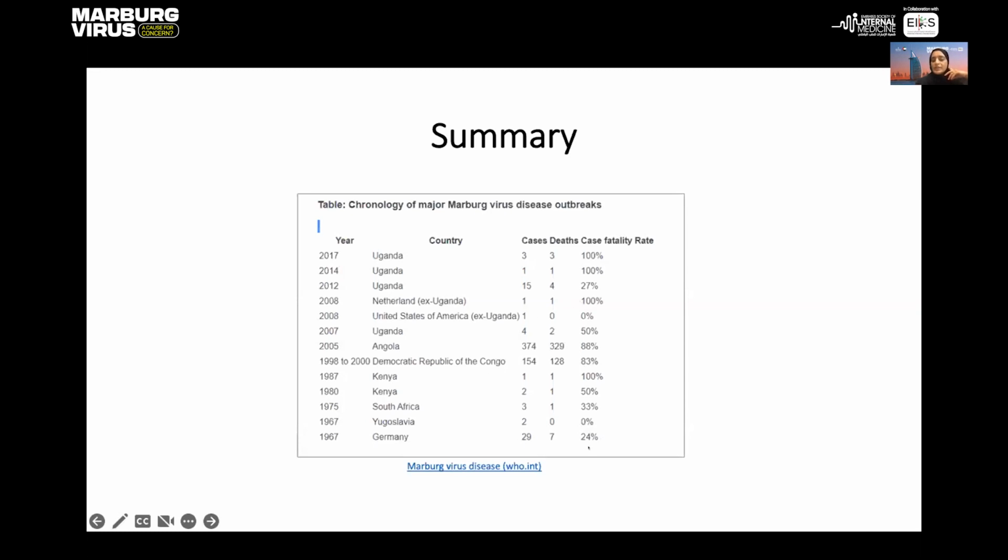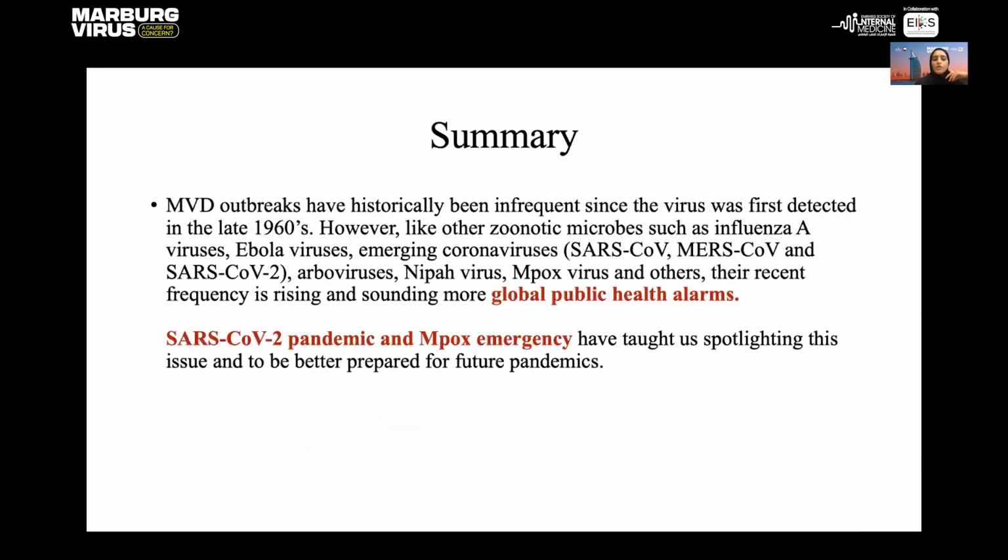So the fatality rate has differed from country to country, but we have learned from multiple zoonotic infections, including the Marburg virus outbreak and the previous emergencies that have arisen with regards to coronavirus, MERS-CoV, arboviruses, Nipah, and monkeypox, that we should always alert globally.